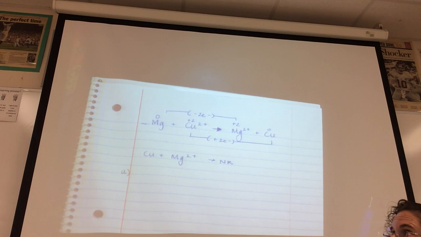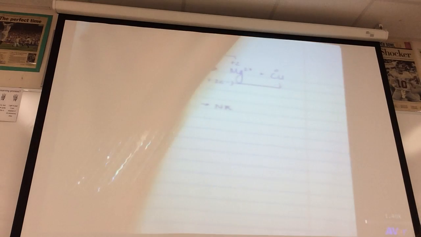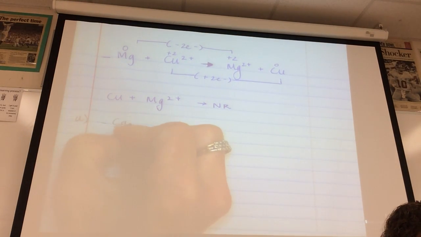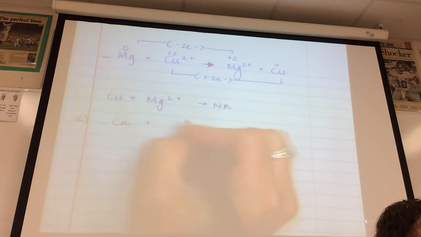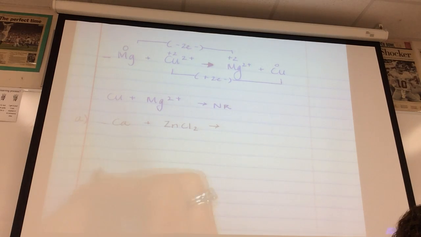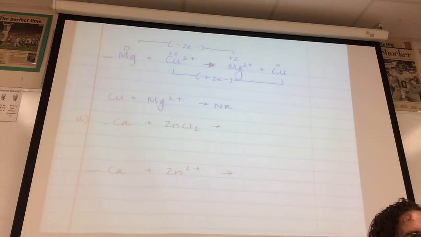So in A, we've got calcium reacting with zinc chloride. In a single replacement reaction with a metal, I'm not sure. Can you go to this point right away?